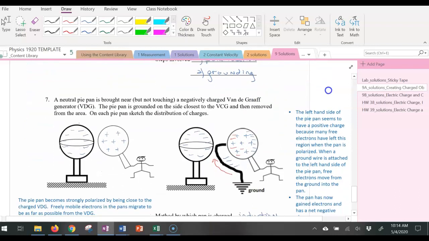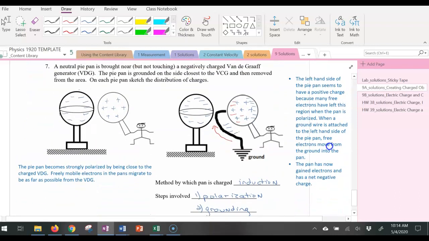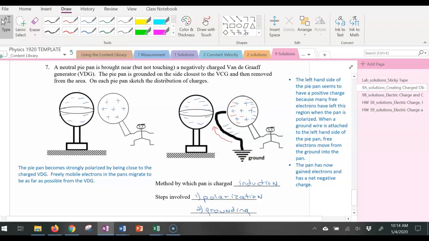But in number 7, we're going to look at a similar situation. But here, after he polarizes the pan, he touches the wire, the grounding wire, to the left-hand side of the pan. Now that left-hand side of the pan seems to have a positive charge because electrons have left that region as they were repelled by the negative Van de Graaff generator.